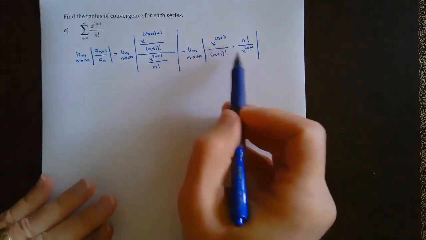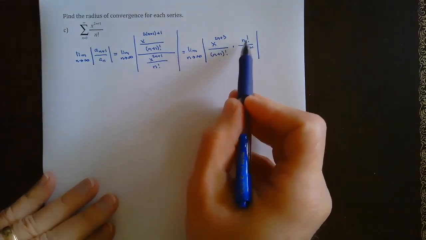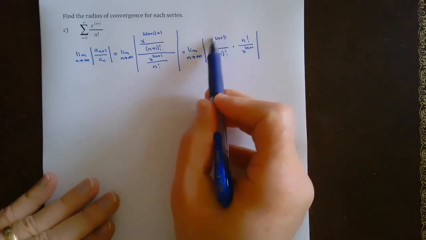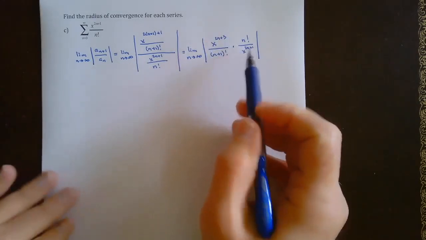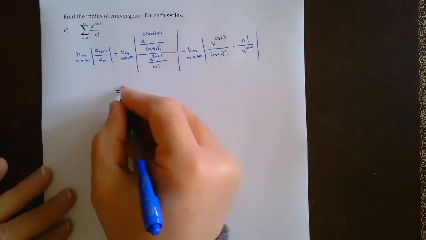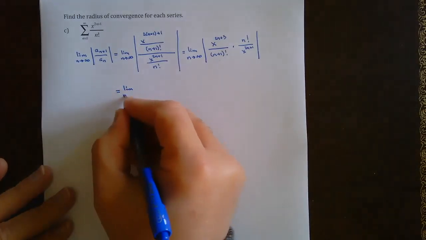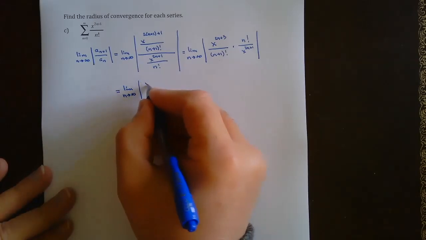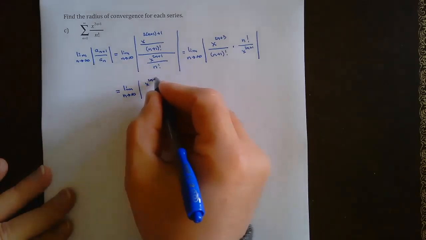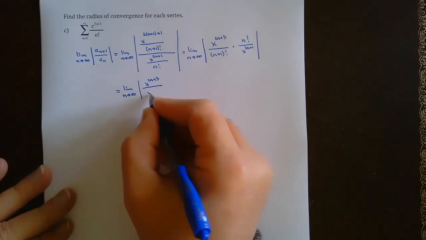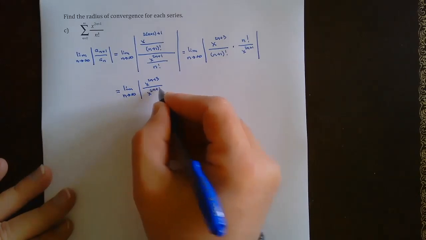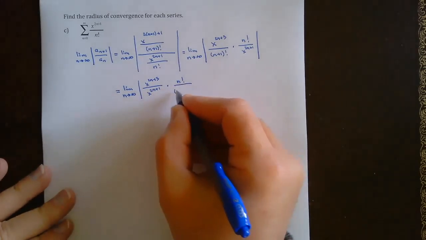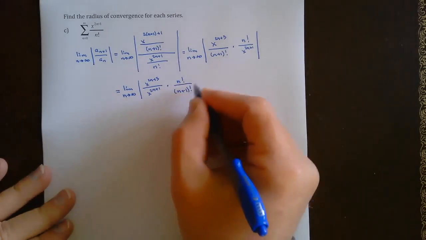Rearranging these, I want to put these two together as one fraction and then these two. So this is going to be my numerator, this is going to be my denominator, and for this one, this is my numerator and this one is my denominator. So this is the limit as n goes to infinity of the absolute value of x to the 2n plus 3 over x to the 2n plus 1 times n factorial over (n plus 1) factorial.